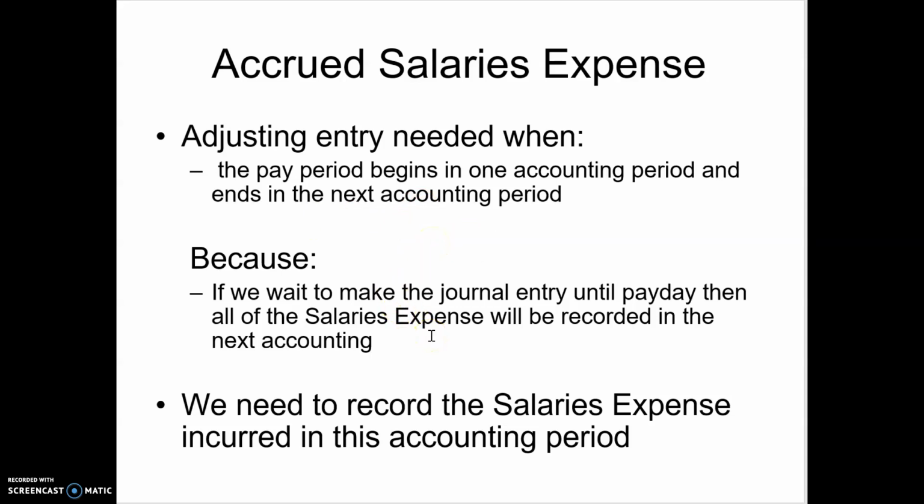Because if we wait until payday and debit salaries expense and credit cash, then all of the salaries expense are going to go into the next accounting period when some of the salaries expense had been incurred in this accounting period. So we have to make an adjusting entry to record the salaries expense that was incurred in this accounting period.